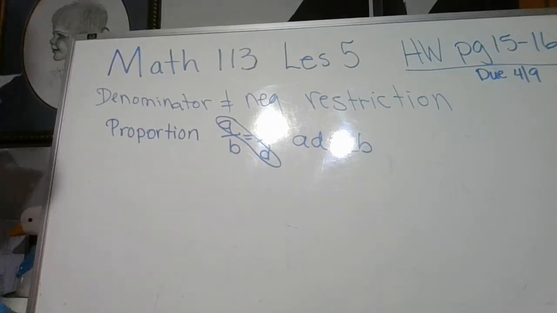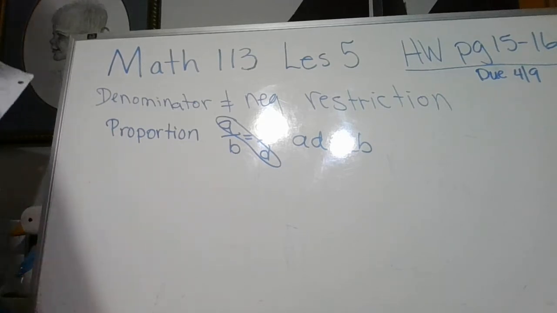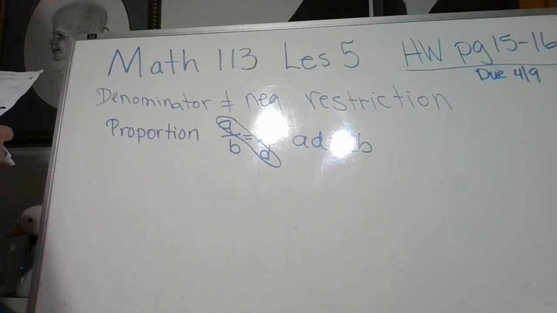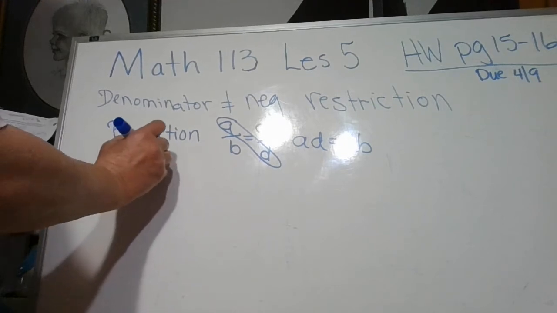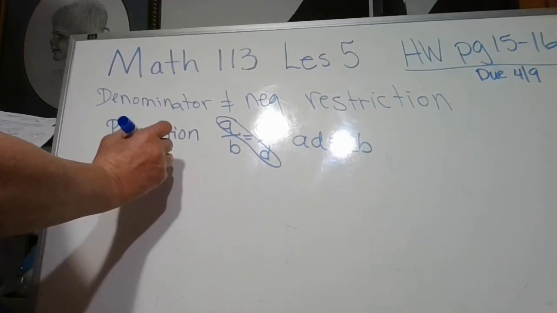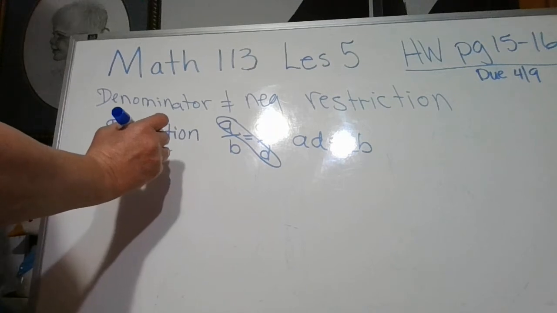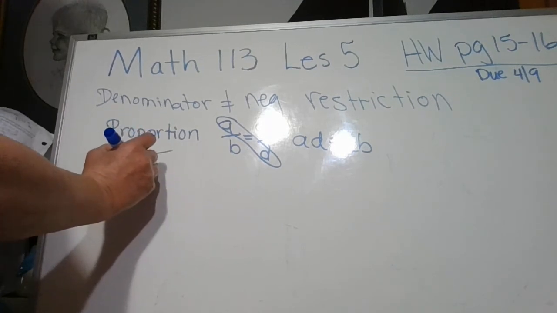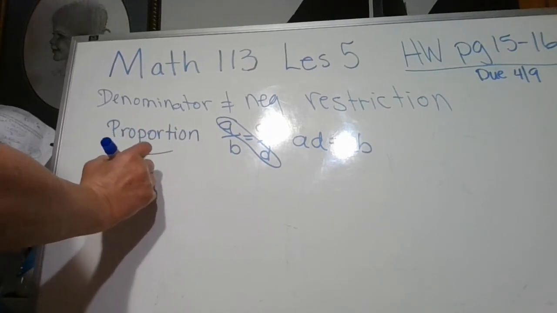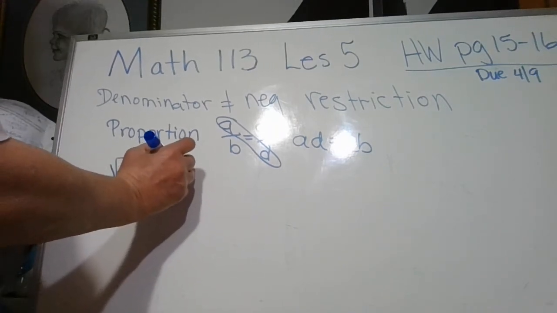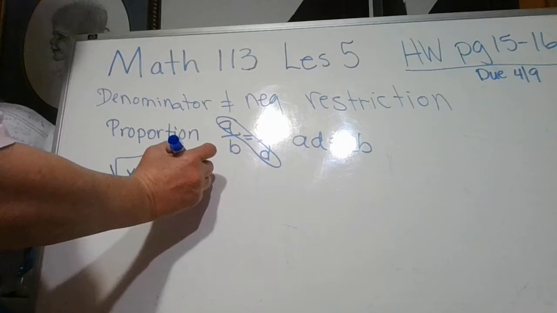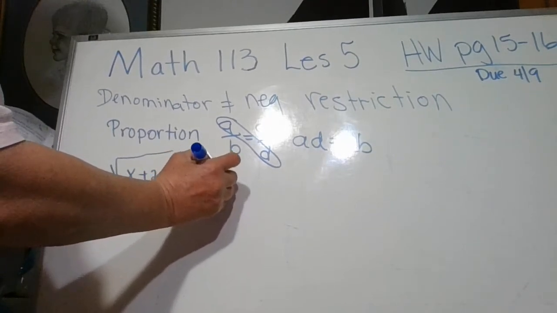Radical and rational equations can produce quadratic equations. Sometimes we'll have to use the quadratic formula to solve the resulting quadratic equation. So A is the square root of x plus 2 is equal to x minus 3.